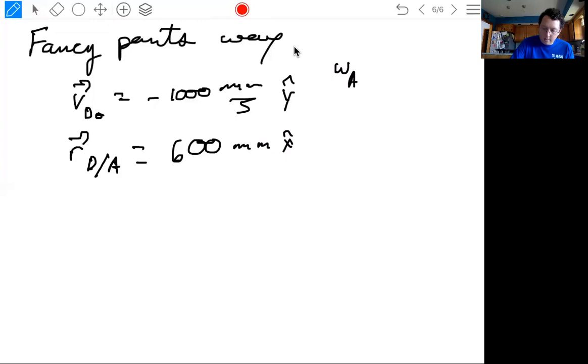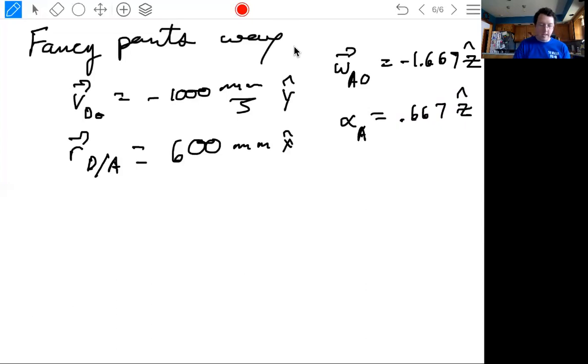Similarly, I can write omega of wheel A as a vector at the start as negative 1.667 radians per second z hat. And alpha for wheel A is going to be 0.667 z hat, and it would be positive, as we discussed before. 0.1667, sorry.